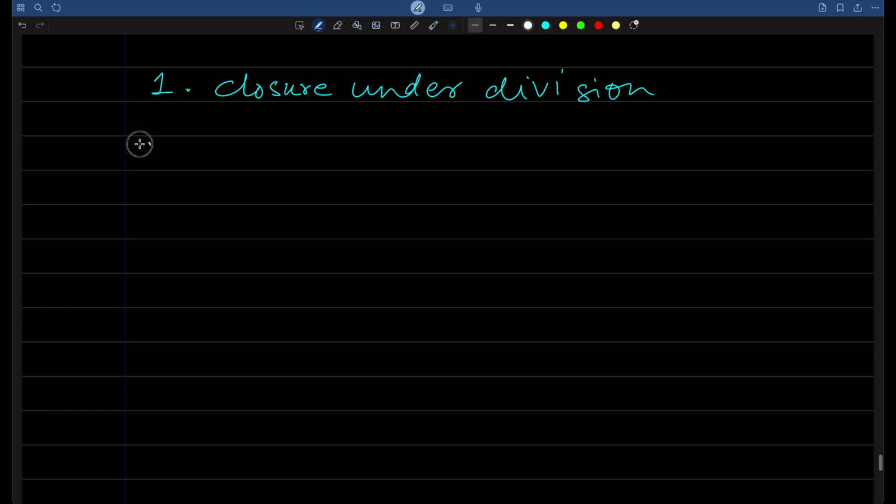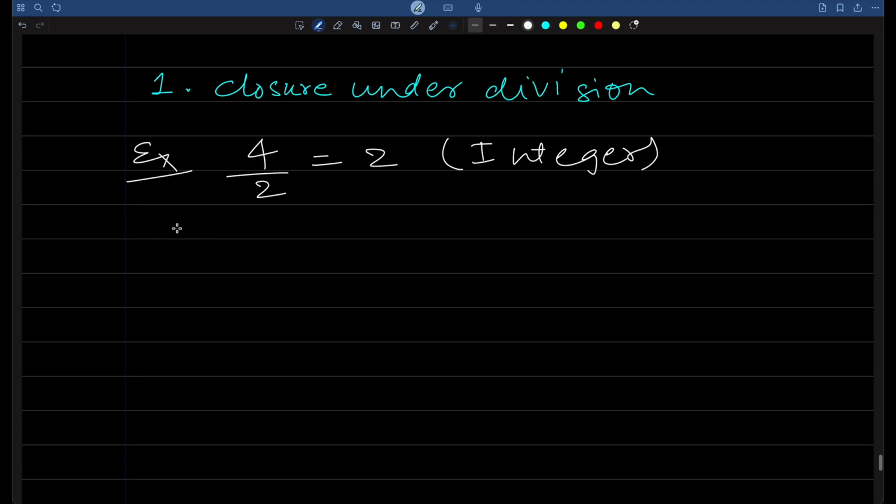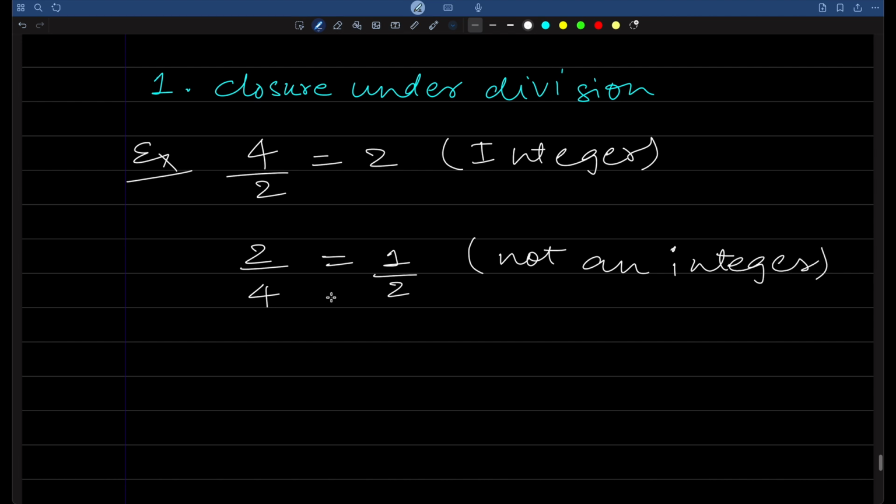If we take an example, that is 4 divided by 2, that is equals to 2, which is an integer, but if we take 2 divided by 4, that is equals to 1 divided by 2, which is not an integer.